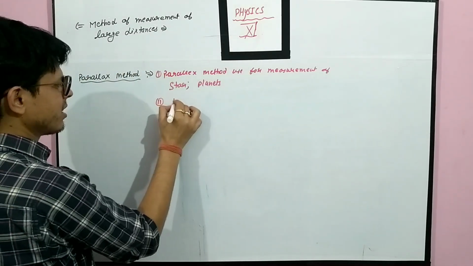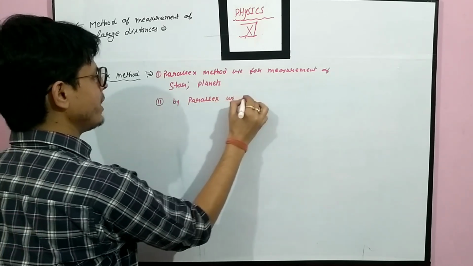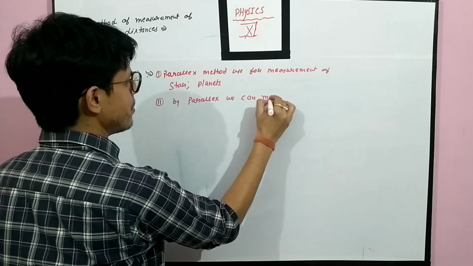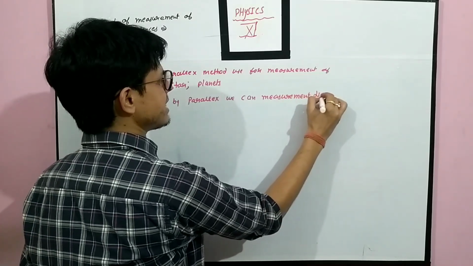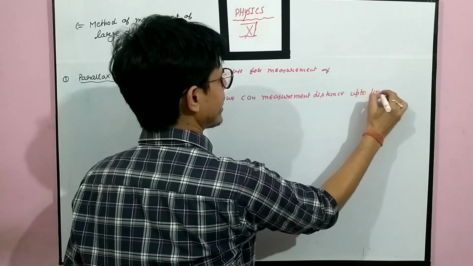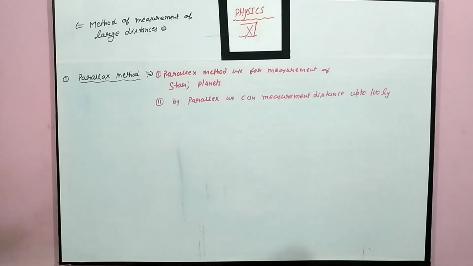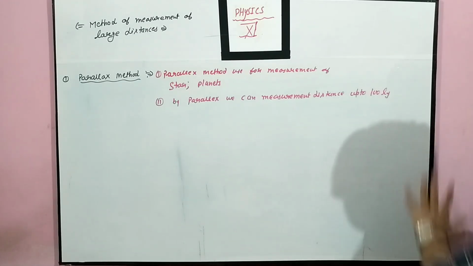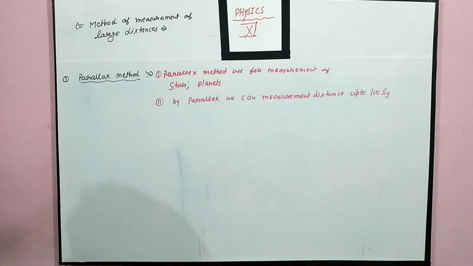By parallax we can measure, very important thing, distances up to 100 light years. Means the distances in planets, stars, anywhere, which are up to 100 light years, you can use this method. This method is the parallax method.